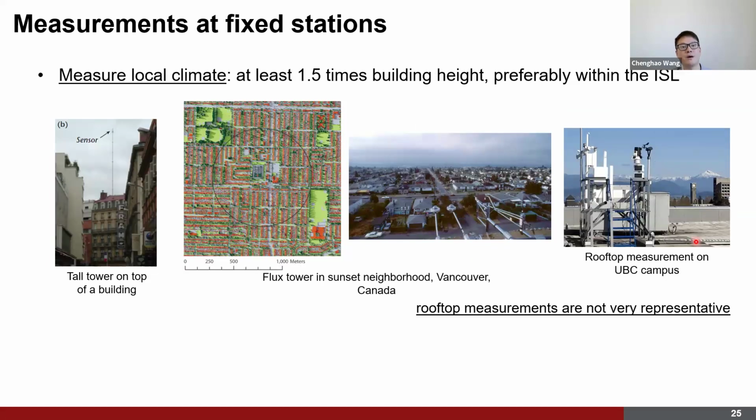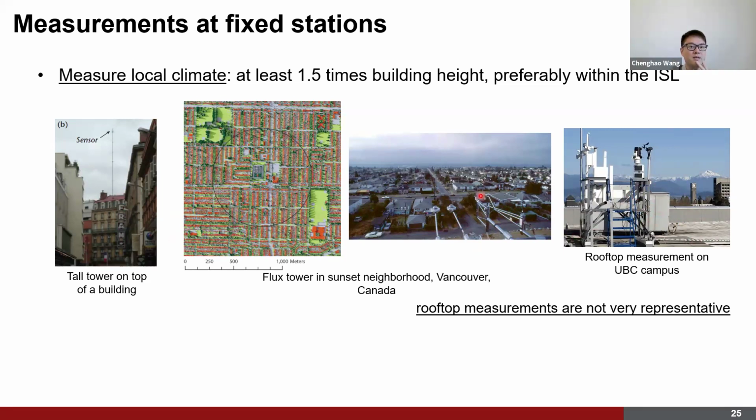However, if our goal is to measure the local scale conditions, the sensor should be at least 1.5 or 2 times the mean building height, right? As I just mentioned, preferably, the sensor must be located within the inertial sublayer or constant flux layer. And here are a few other examples. Usually, in densely populated cities, we tend to have a rooftop station, just something like this, or like this one on University of British Columbia campus.